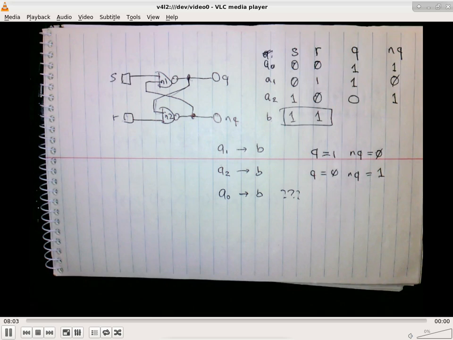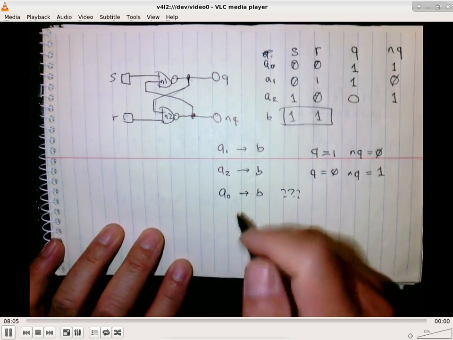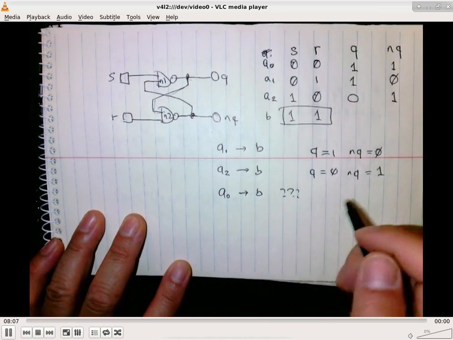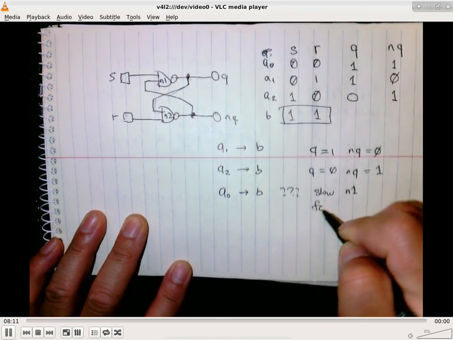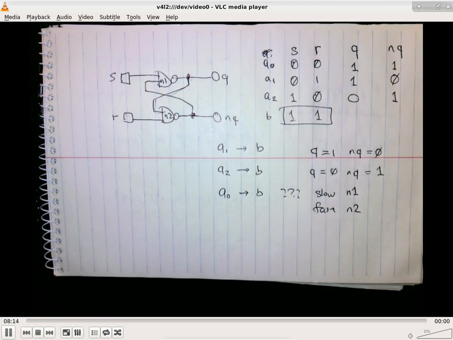So we'll look at this gate here, and we'll say slow N1, and we have a fast N2. Because if they're about the same speed, it is not easy to analyze. But when one is really fast and the other one is really slow, then we can actually make a timing diagram and figure out what is going to happen here.